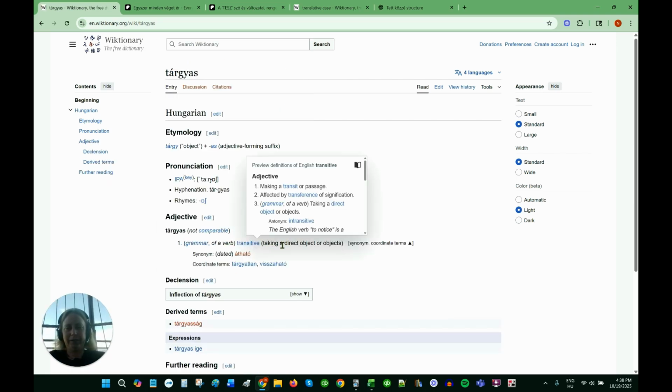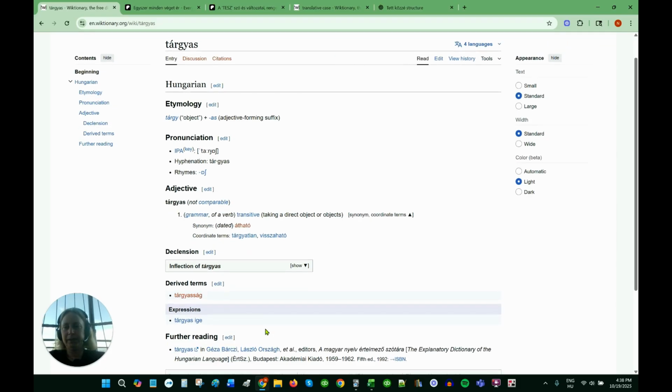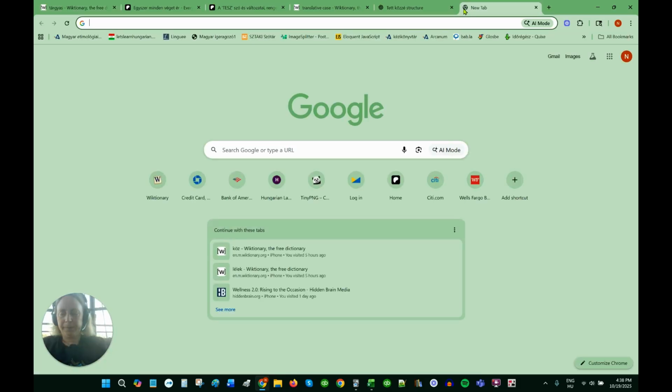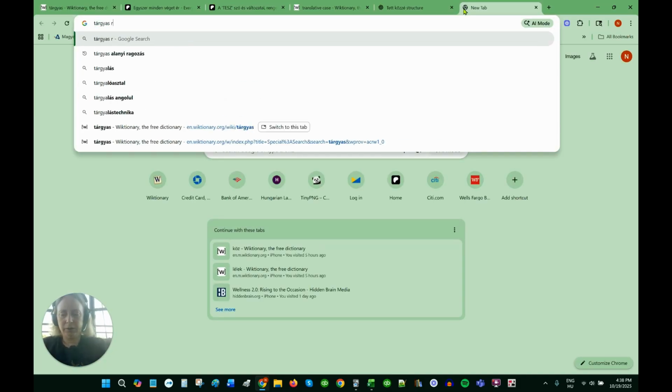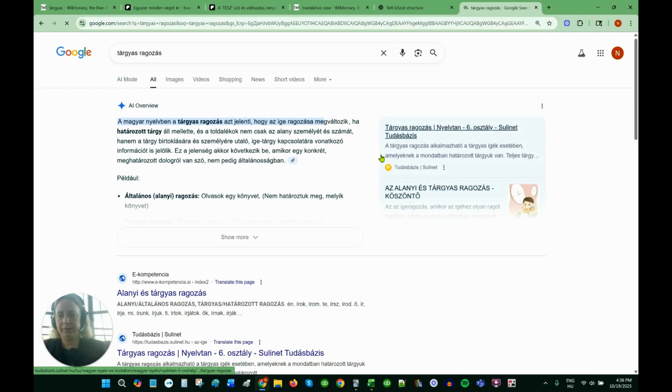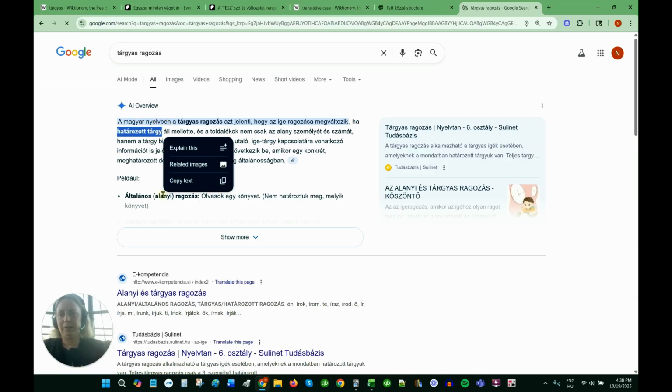So transitive, taking a direct object or objects, but there is a tárgyas ragozás. It is a synonym, okay? So it means that it is a definite object.